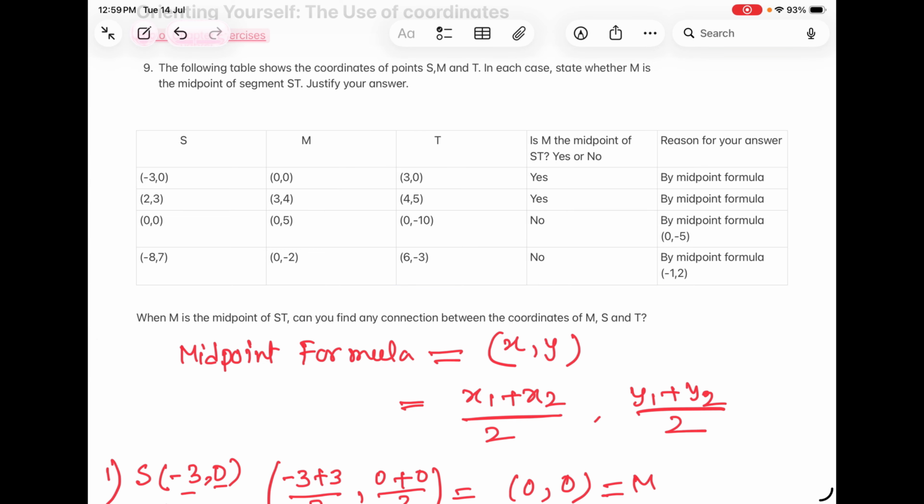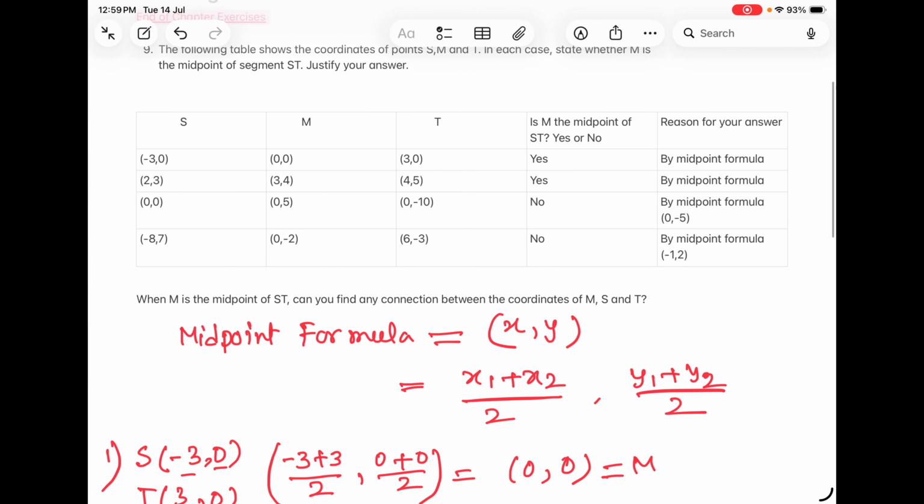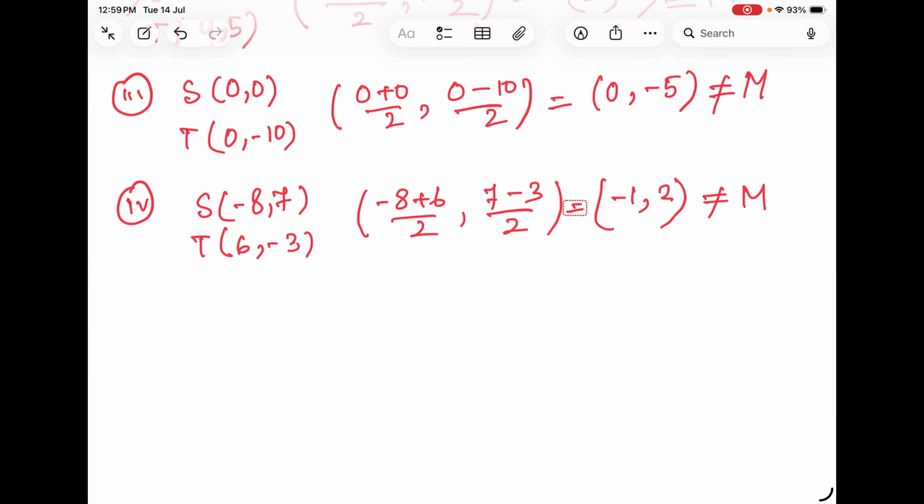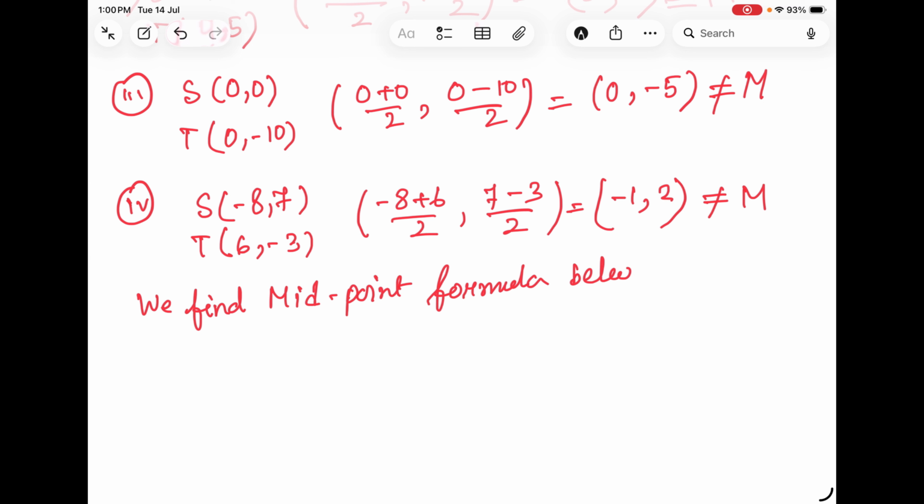The midpoint formula is the connection between M, S and T. So you write that we find the midpoint formula between the coordinates of M, S and T.